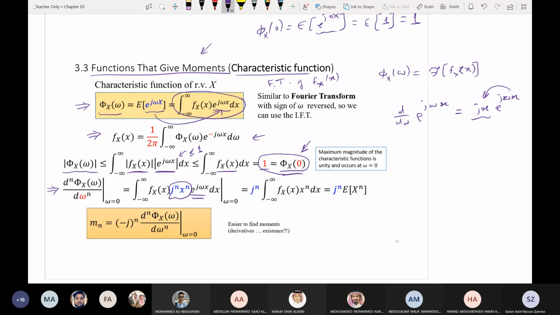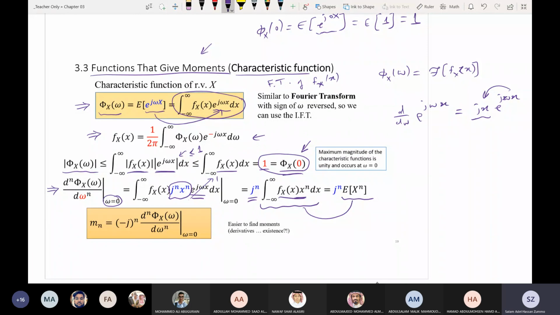Okay? Is it clear, guys? Yes. Now setting omega to 0. What does setting omega to 0 mean? This will be 1, right? e to j 0 is 1. So what do we have here? We will have j to the n, which is a constant, so we take it outside, the PDF itself, and x to the power n. But what is this by definition? The moment. Exactly, this is the nth moment.